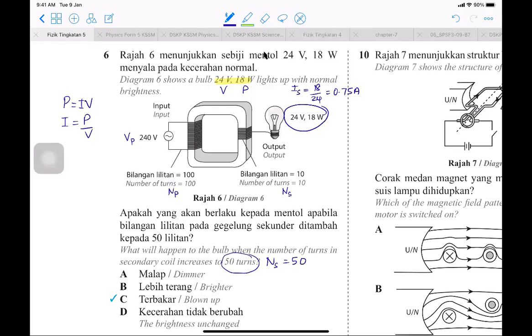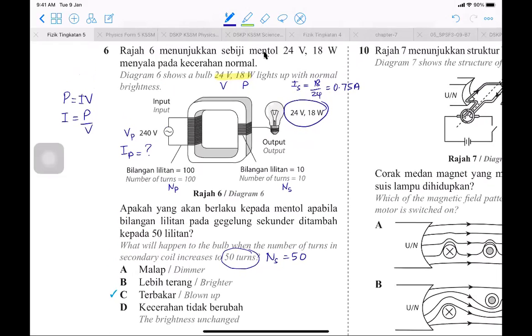Jadi, how to get dia punya apa nih? Can you calculate dia punya IP dulu? Try to find IP dia dulu, and then later on we will try to find dia punya IS, the second part. So kita boleh guna VP IP equals to VS IS. Cari dia punya IP, VS IS over VP.